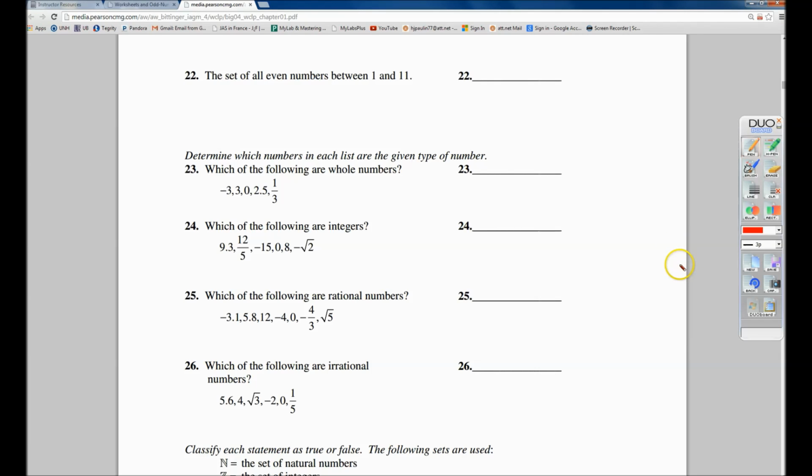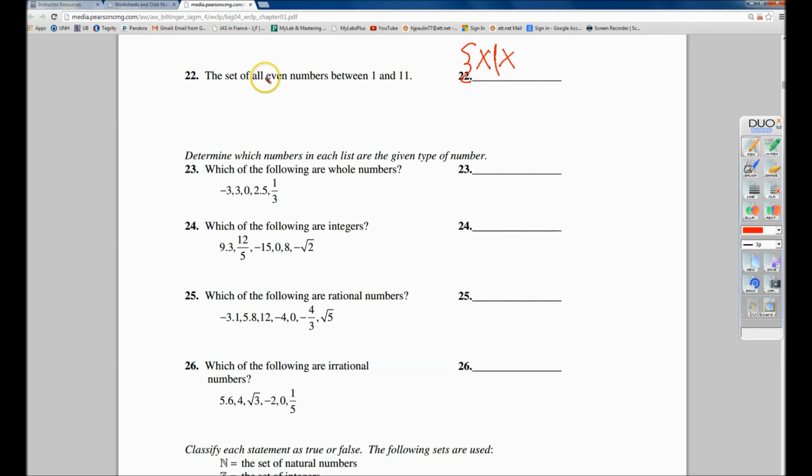Okay, going on to number 22, using set builder notation. We start off with a brace. X is such that x is the set of all even numbers between 1 and 11. And basically what you would do is you would just write this out.